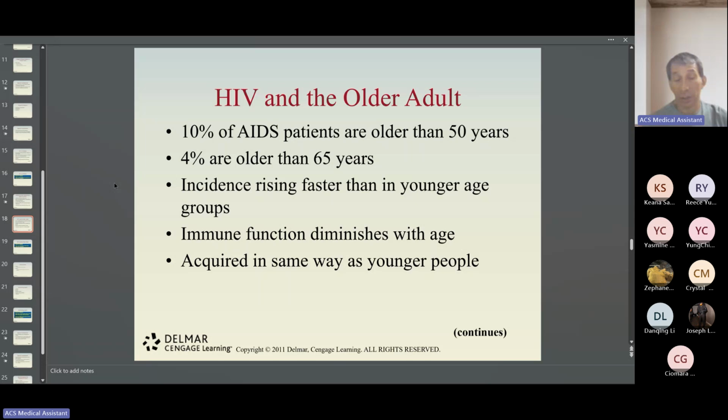But still, there are a lot of people who are HIV positive. Even if you've been controlled and your HIV has been suppressed, you're still a carrier. The virus is still alive. And if you have any interactions or are exposed to body fluids, chances of developing HIV are high. So you have to be very careful.